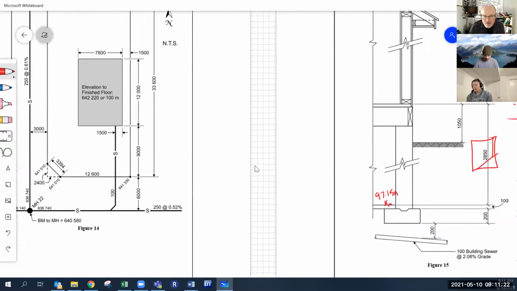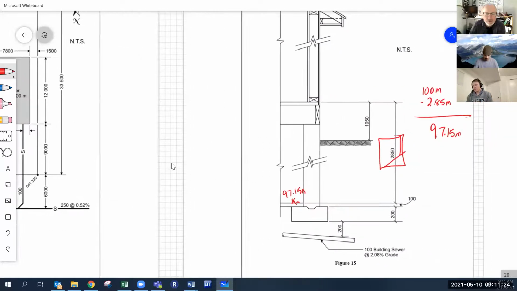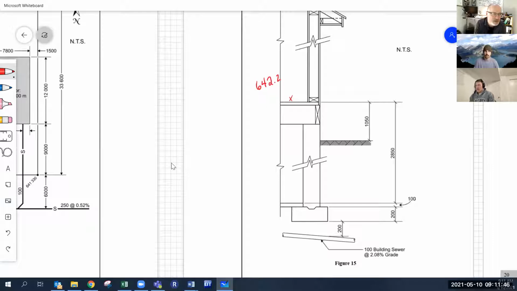Okay, so we know, let me just go over here and I'm going to erase this stuff so we could start a fresh page. So we know the geodetic elevation of the slab or the top of the finished floor is 642,220, right? I know that to be true.